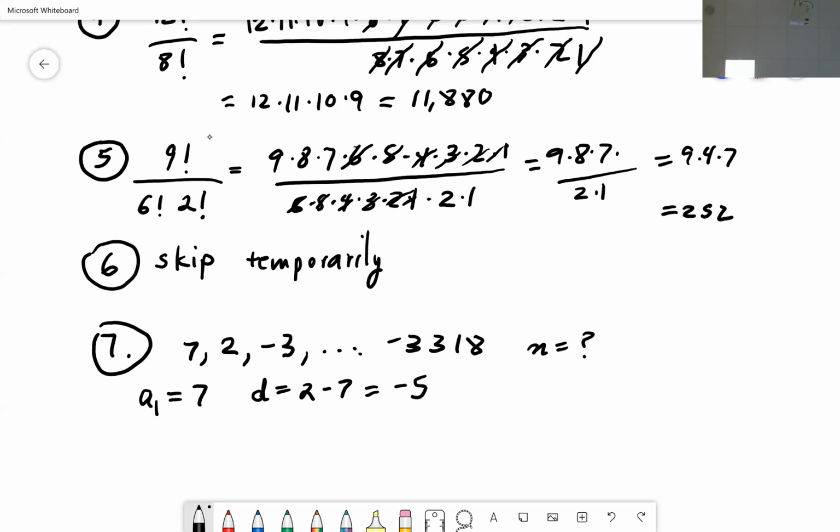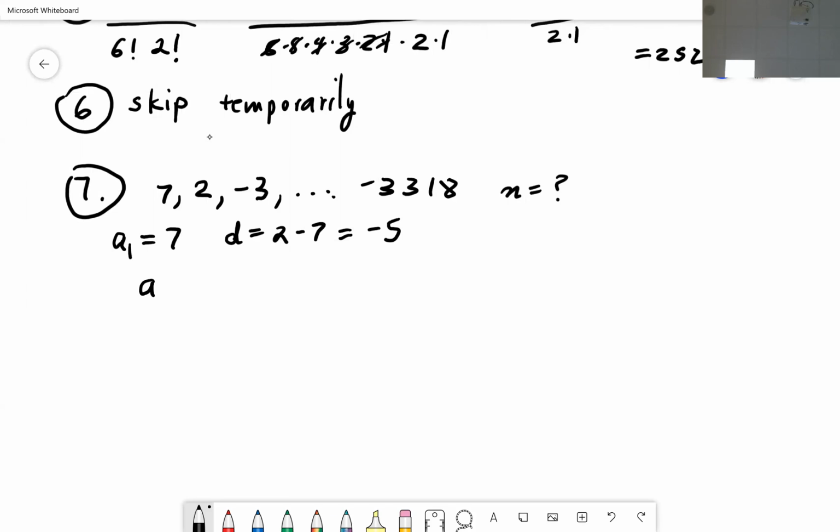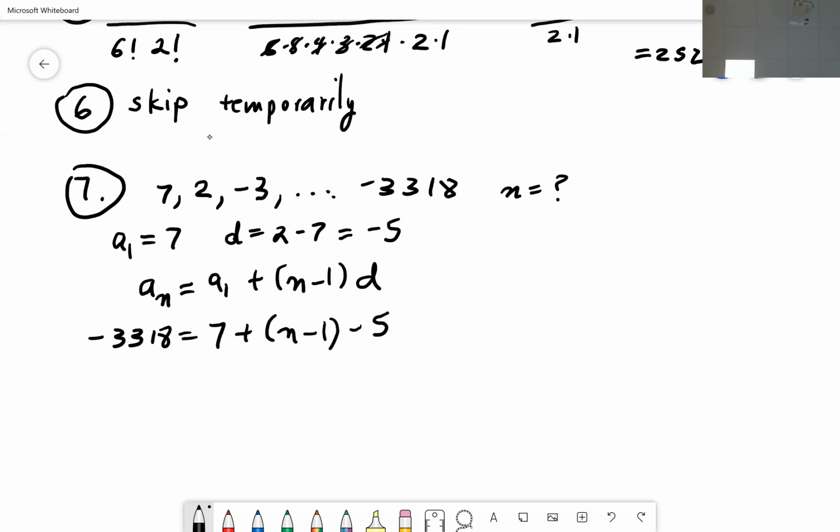Right? Yes. Okay. I got it after. So a sub n equals the first term plus n minus 1 times the common difference. So what is the last term? The last term is negative 3,318 equals 7 plus unknown n minus 1 times negative 5.